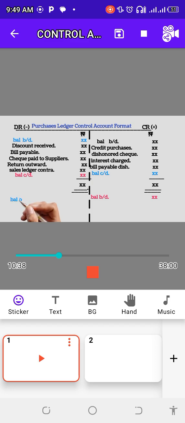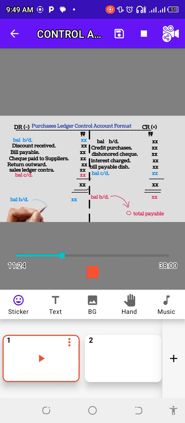Then the balance brought down in blue color by the debit side is as a result of what? The overpayment or overcharge, or as a result of purchases returned by the business to the supplier that have not been settled. The one on the credit side is total payable.